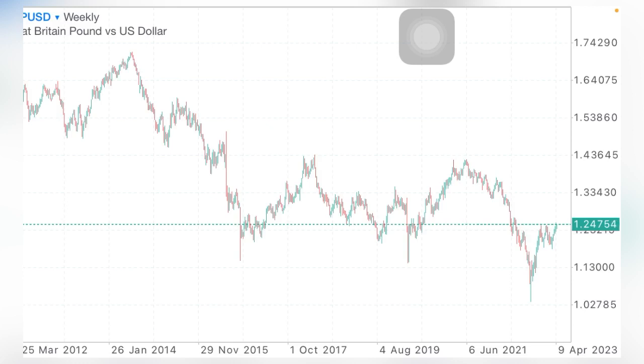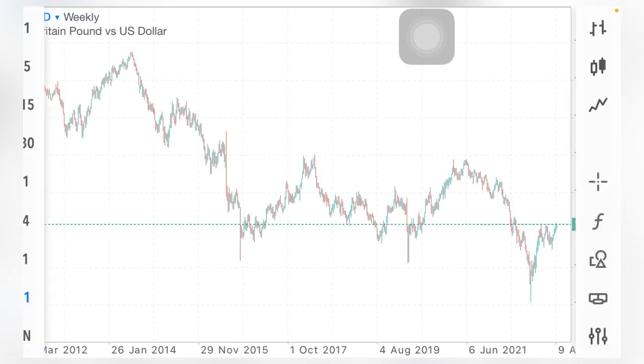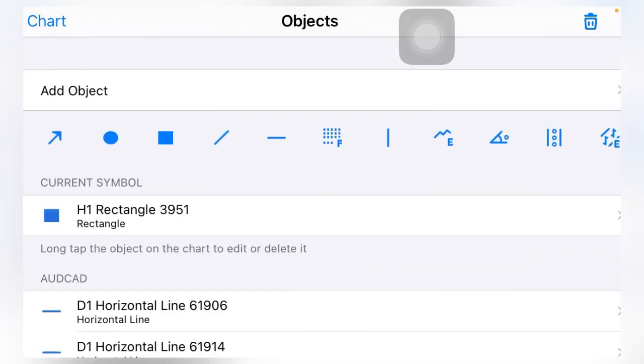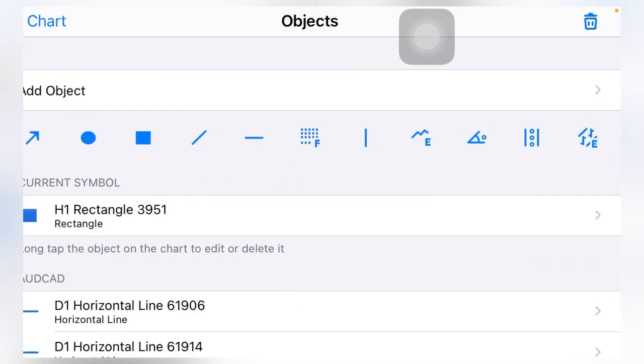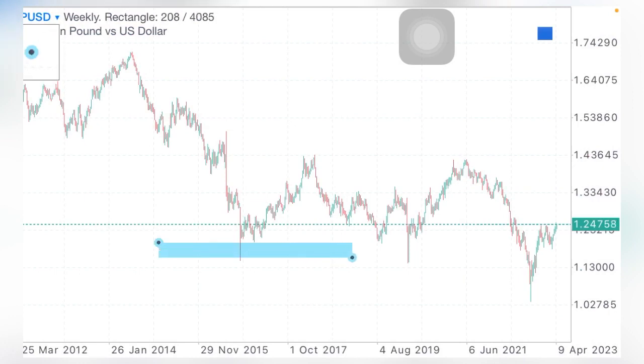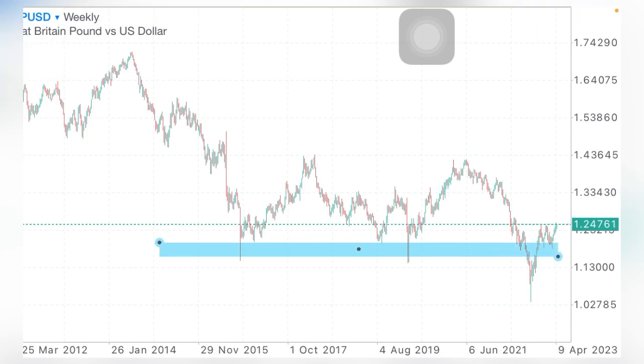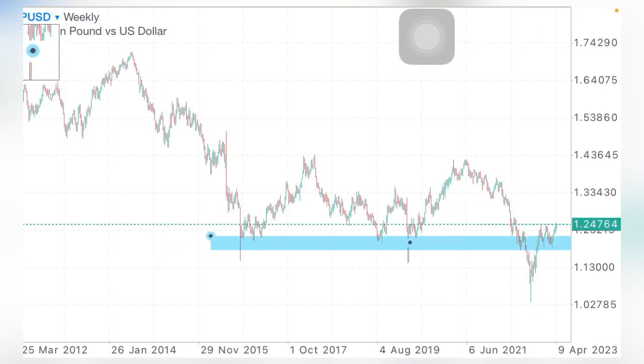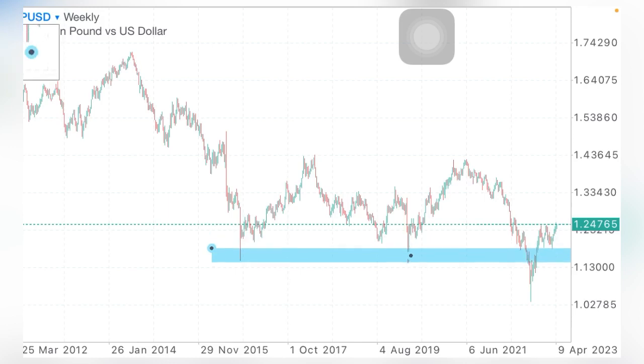Now let me get a rectangle box too, so that you will understand better what I mean. Like I said in the theory part of this video, your support is a zone. It is not a single line. You can see how I'm drawing my support now.